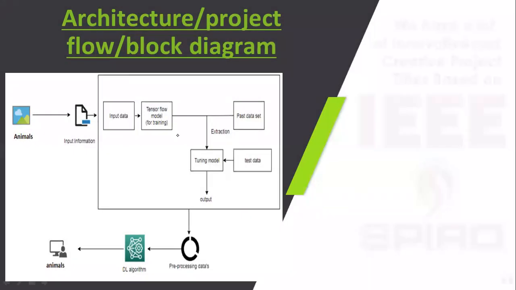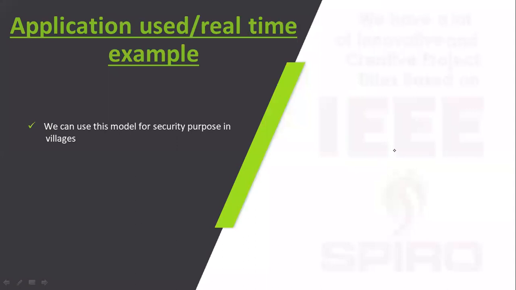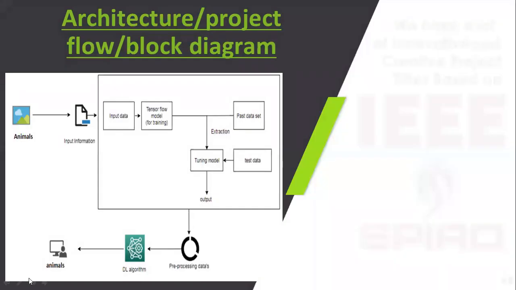This is our architecture diagram. First, we are going to train the model. To train the model, the main thing we need is data, so we will take different animal images. After collecting the images, we are going to train using the TensorFlow package, with which we can build a CNN model.